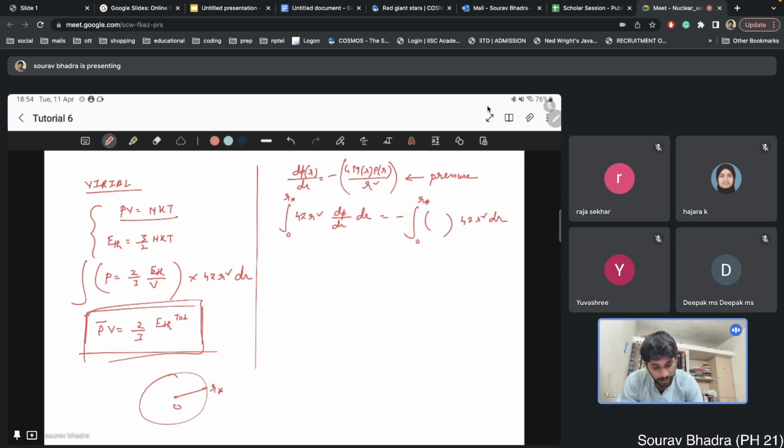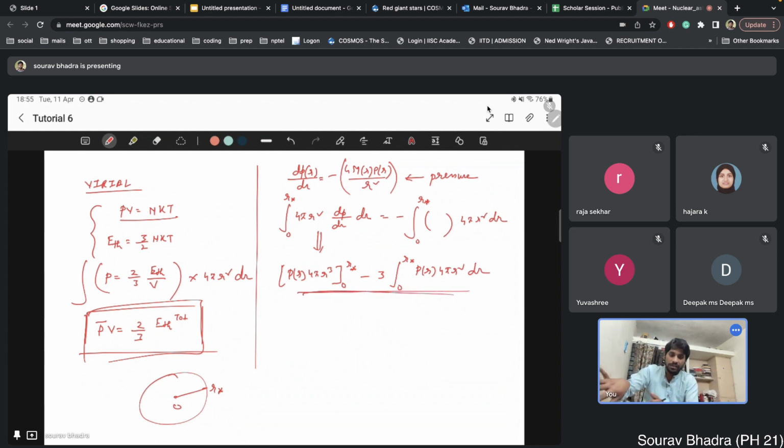So if we do this, this part can be divided into 2 different things, and it will give you a result like P(r) 4 pi r cube from 0 to R star. You don't have to remember this thing, just try to get an idea. The 0 to R star P(r) 4 pi r square term is needed, that's why I am writing it. It is coming from the left hand side only.